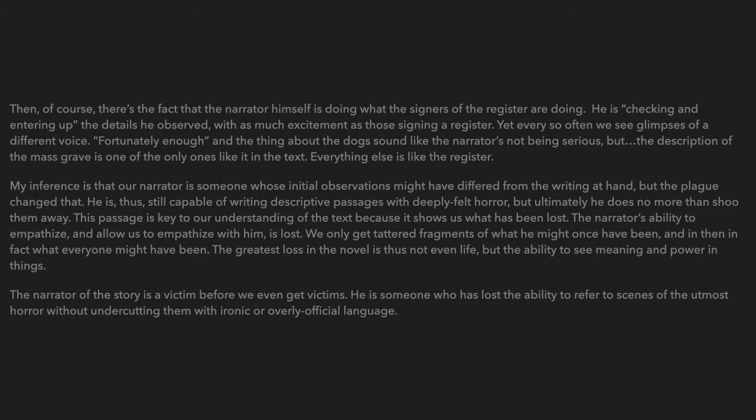Whenever we get a passage where that does happen, the narrator undercuts it with some sort of snarky joke or official language. So the narrator is himself a victim in this narrative, right? Before we even get to the events themselves, we are reading how a victim processes these things. And I put down here, the greatest loss in the novel is thus not even life, but the ability to see meaning and power in things.